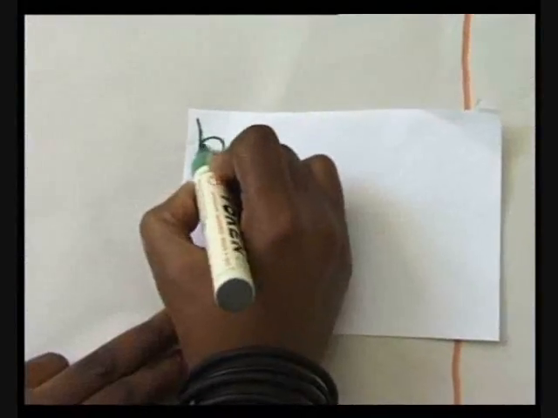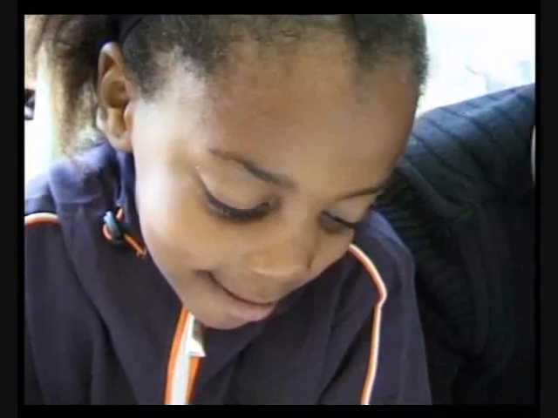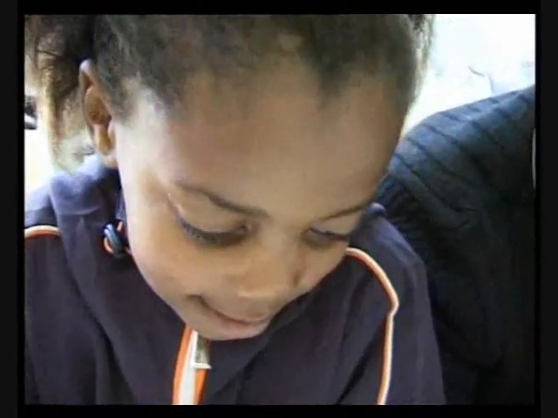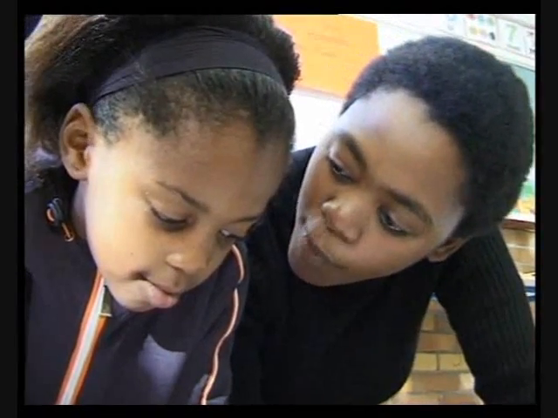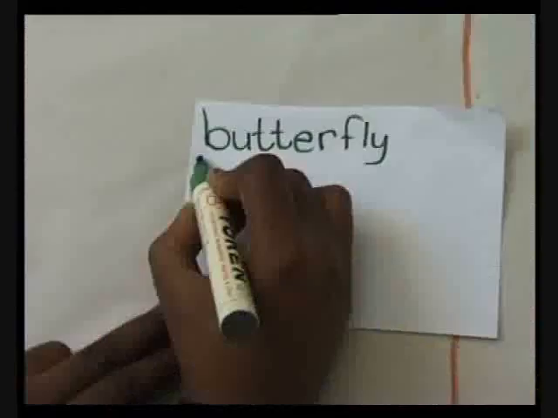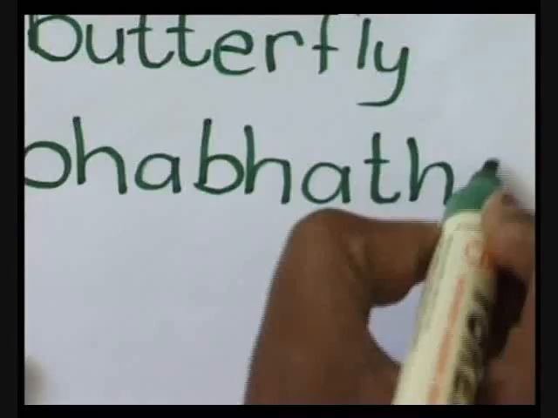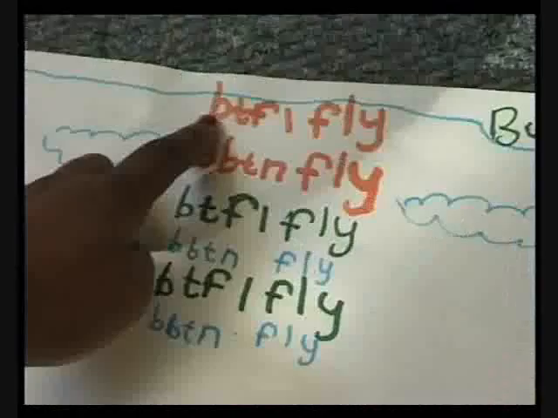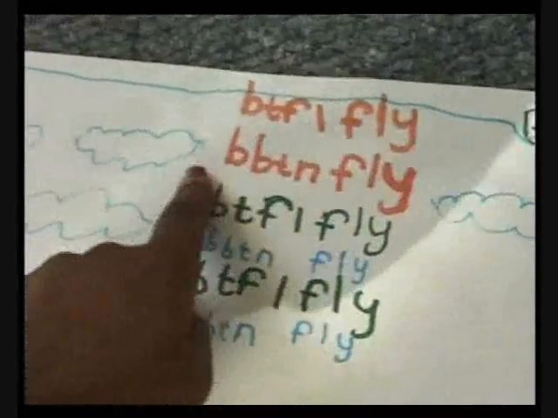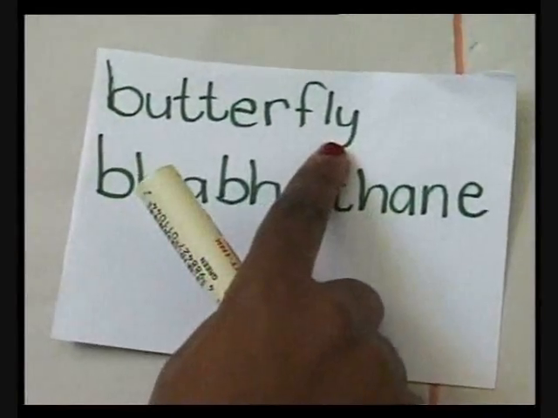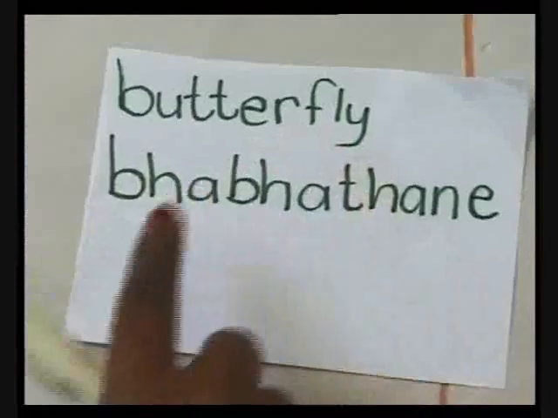The teacher takes the opportunity to show Busi the correct spelling. Fly. That's how they write it. Butterfly, papatane. Correct spelling comes with knowing the look of a word.